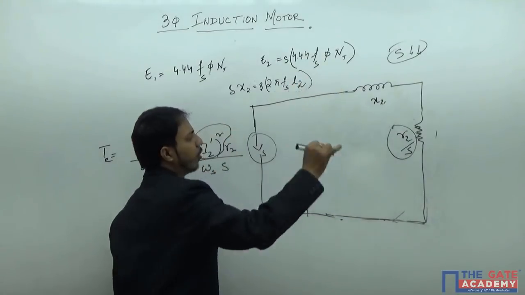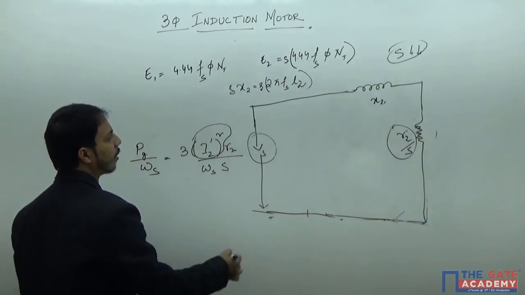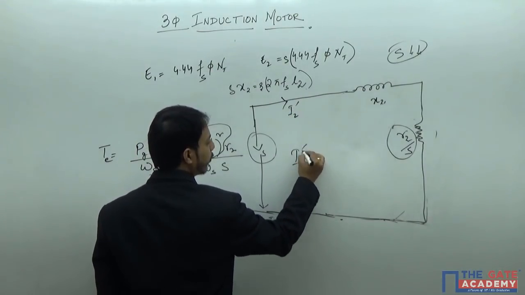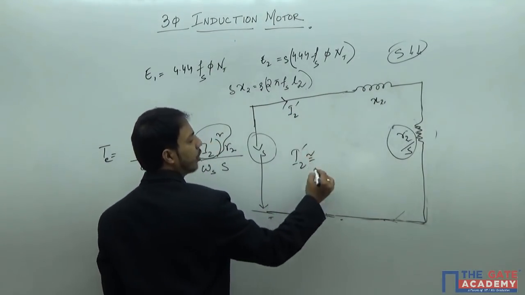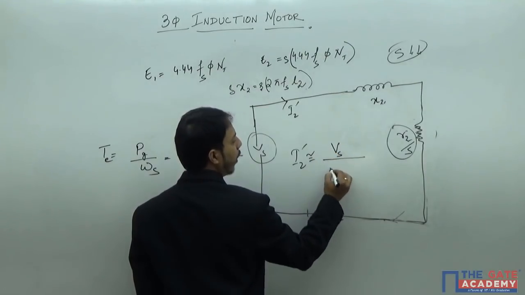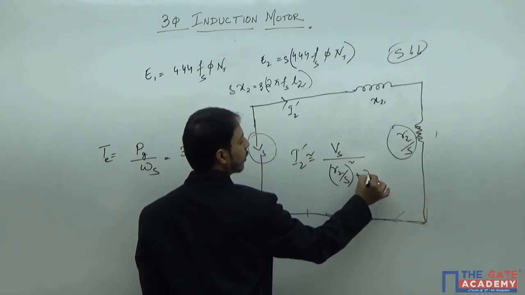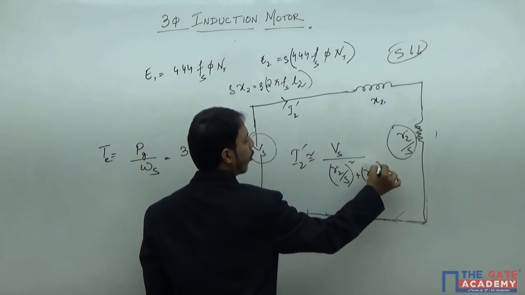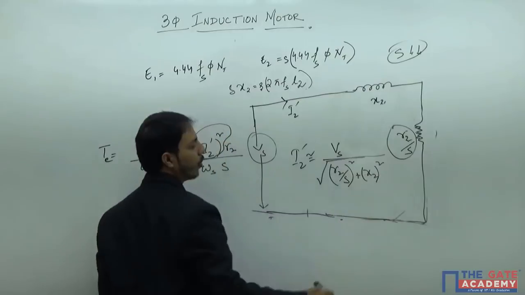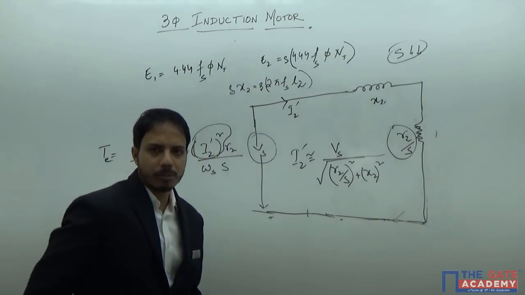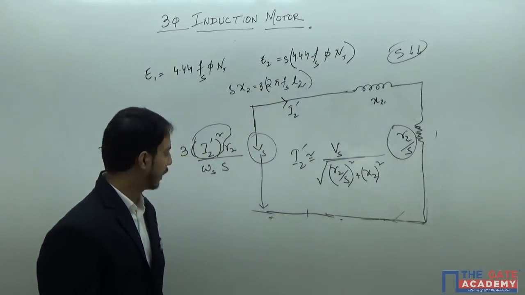I can say that my I2 dash is almost equal to Vs divided by the square root of (R2 by S) whole square plus X2 whole square. Now this particular expression is going to make my analysis so much simpler.